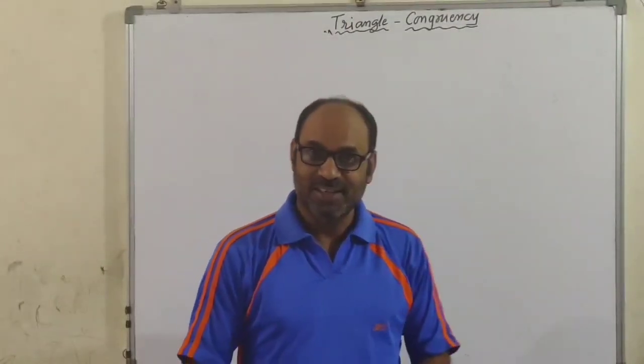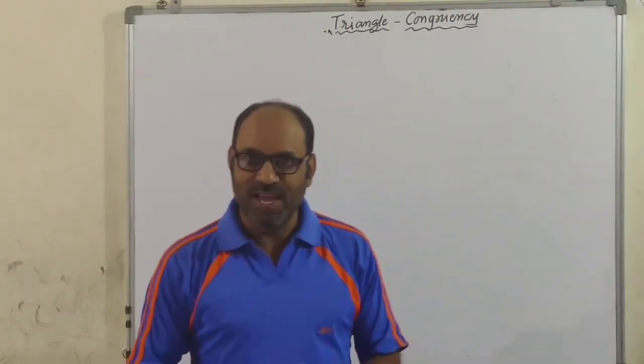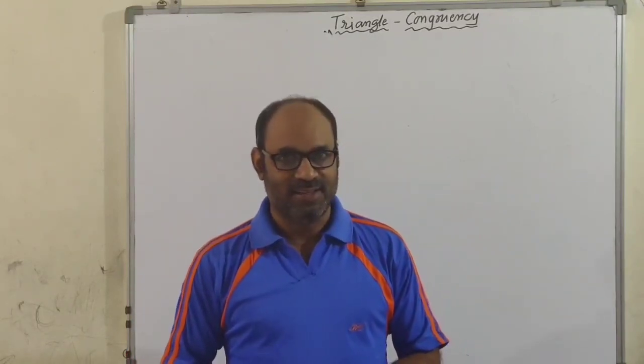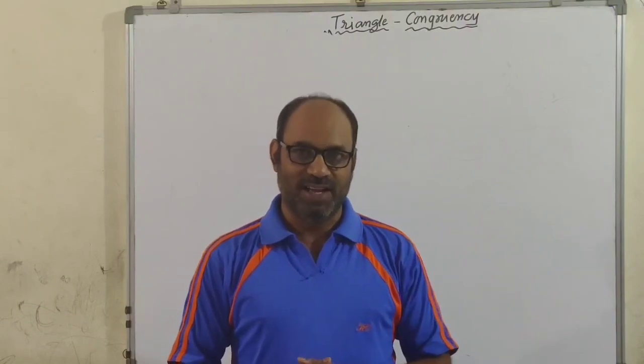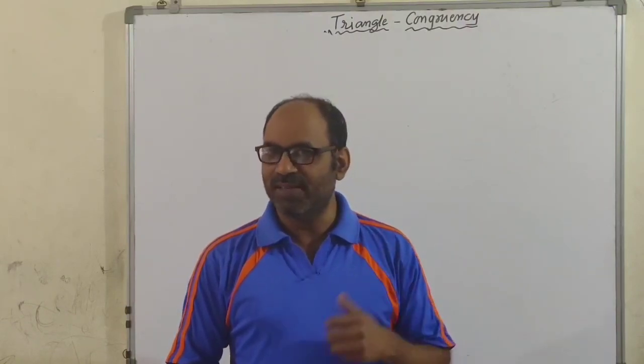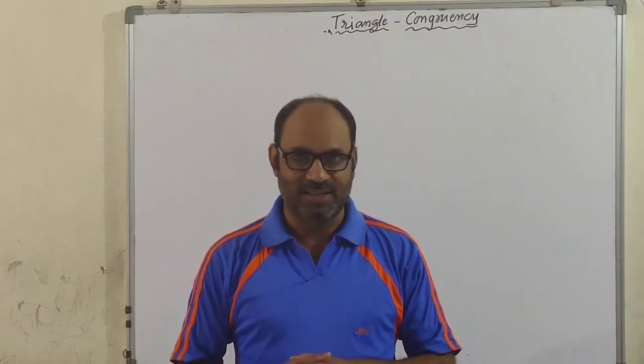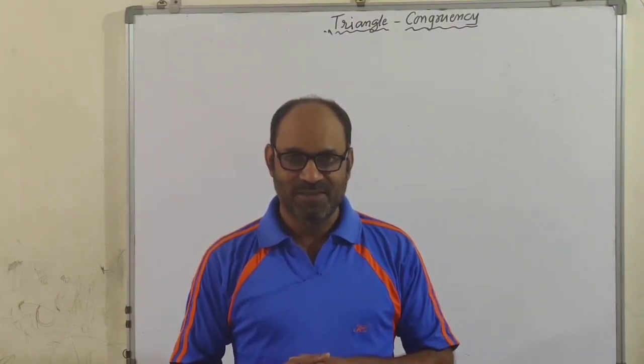Of chapter 6, triangles. Actually, we are recalling the triangle chapter of standard 9, that is congruency of triangles. And during the previous session, we saw the definition of congruent triangles. And what is the definition?